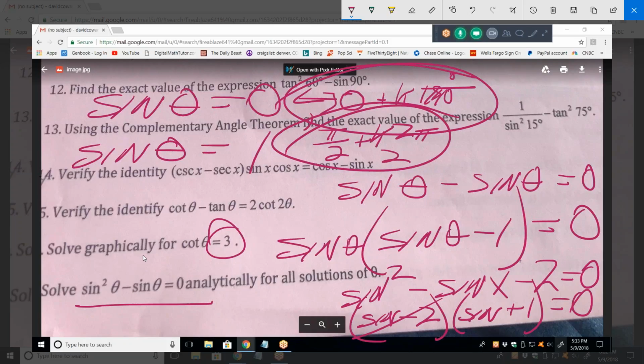That solution doesn't work because sine can never be greater than 1. So the only solution to this problem is sine equals negative 1. But think polynomials when you see these kinds of equations, meaning your solution lies in factoring the quadratic or whatever.